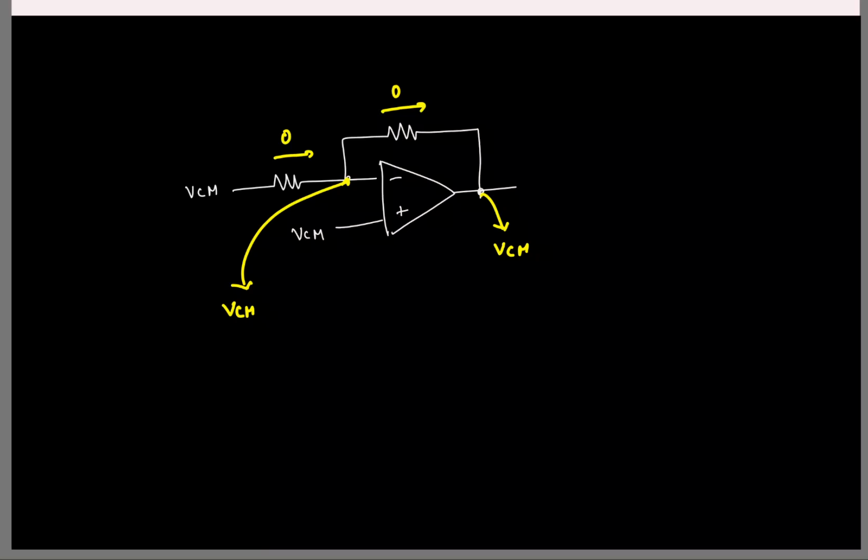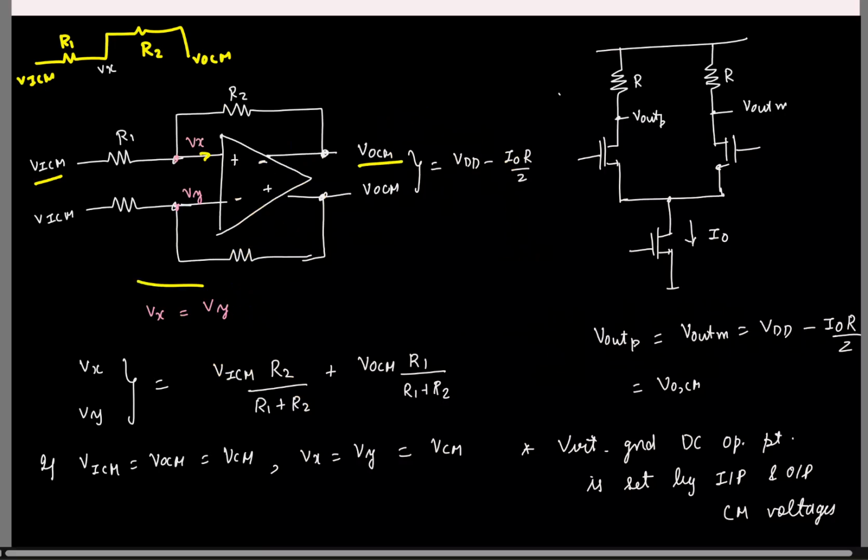The global negative feedback at DC. So the global DC negative feedback is what sets my virtual ground and my output common mode. But if I have a fully differential op amp, the global DC negative feedback here, what is it enforcing?